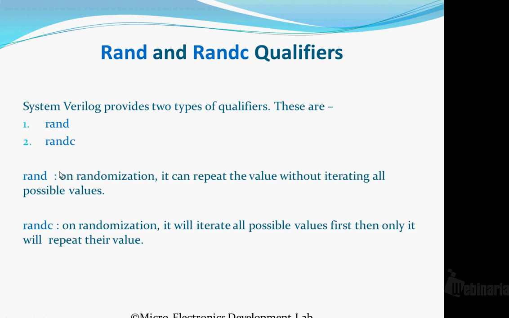Whenever you randomize a class property of rand type, it can repeat the value without iterating all possible values. Whereas whenever you randomize a class property of randc type, it will iterate all possible values first, and only then will it repeat the values. This is the basic difference between rand and randc type properties.